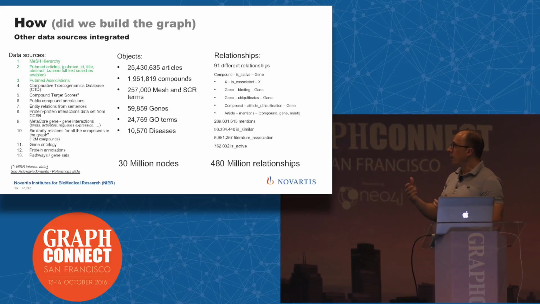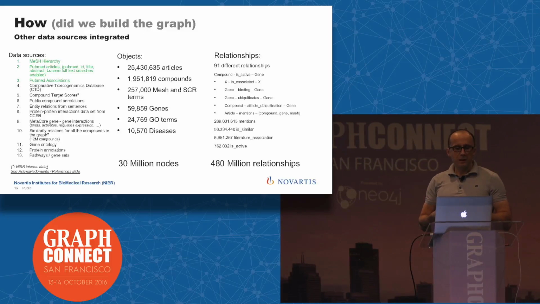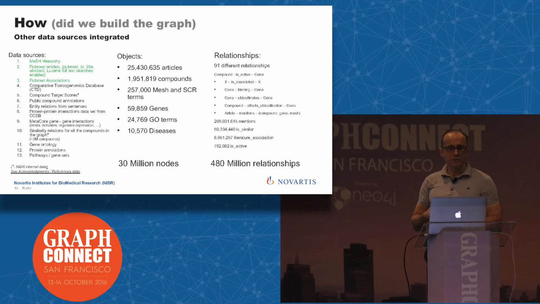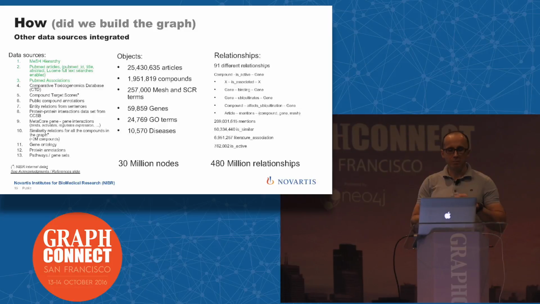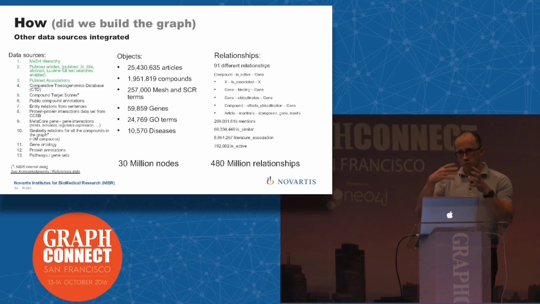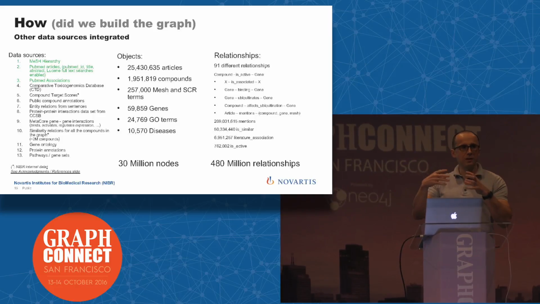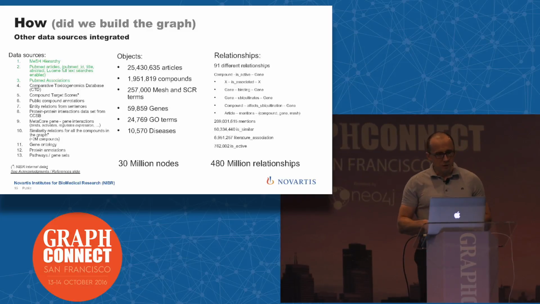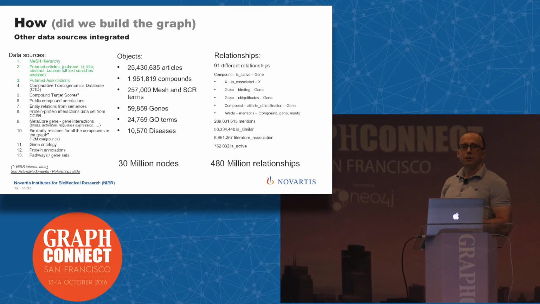So we have a toxicogenomics database in there. We have protein-protein interactions. We have systems biology and pathways, proteins and gene annotations. All of this we integrate, we match it all up in terms of the identifiers and the objects that are in there. And we're getting about 30 million nodes that we're now putting into this database.